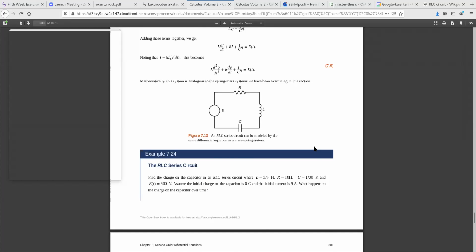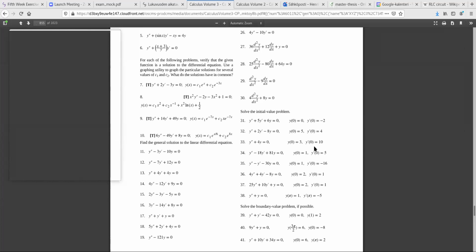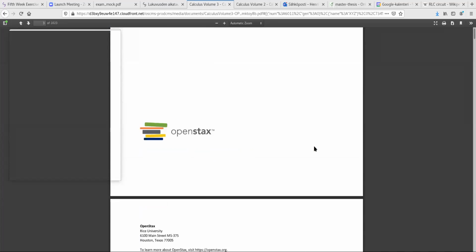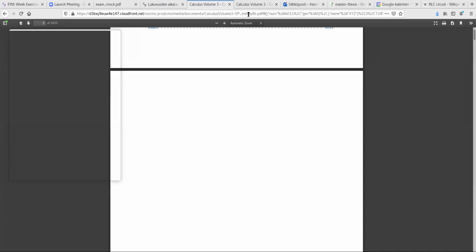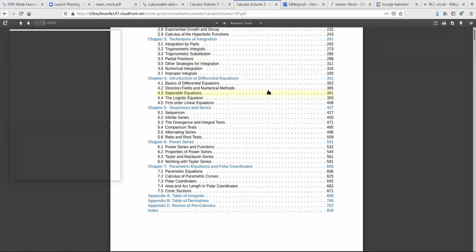But basically, just a very quick recap of what I expect you to be able to do with respect to these differential equations. I want you to realize that this week's exercise pretty much covers the things that I would like you to be able to understand.